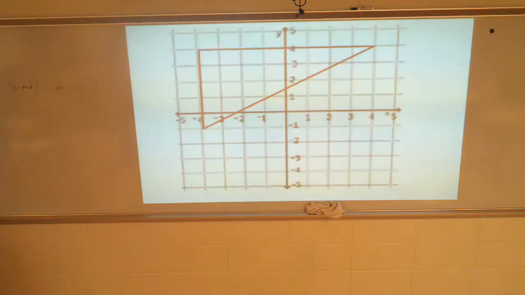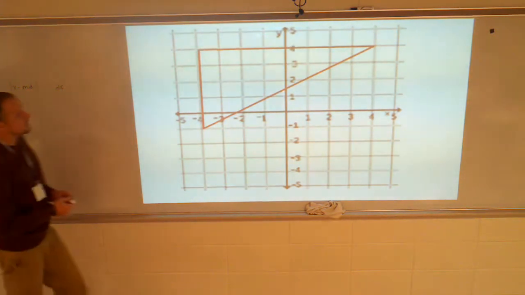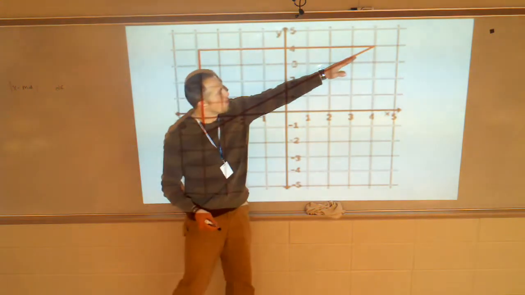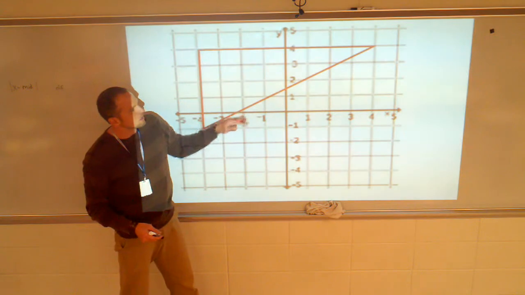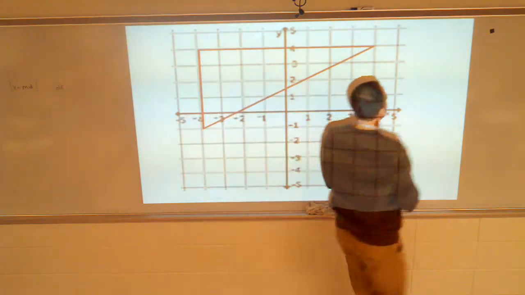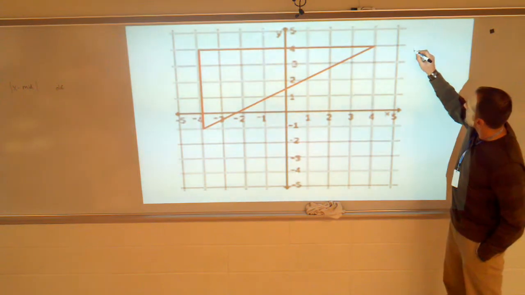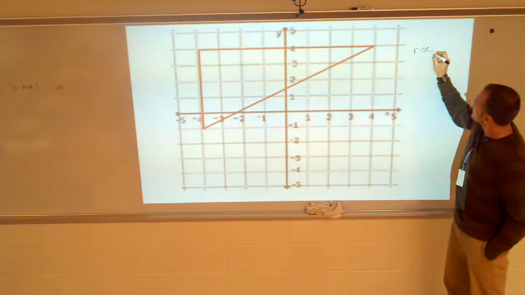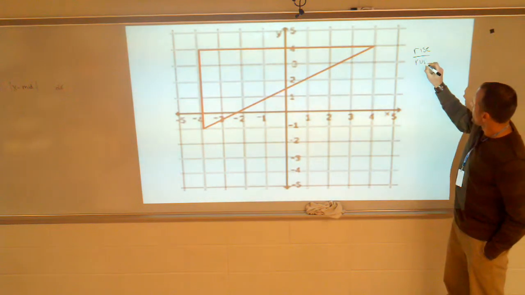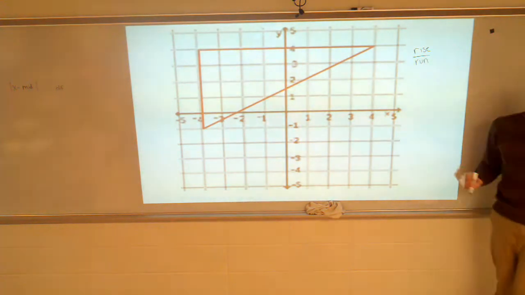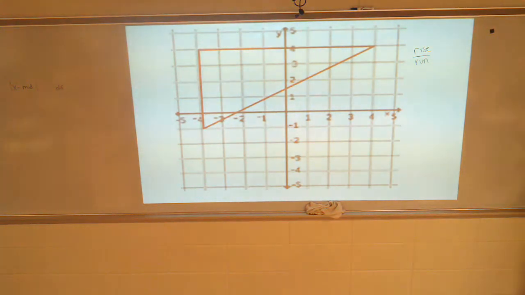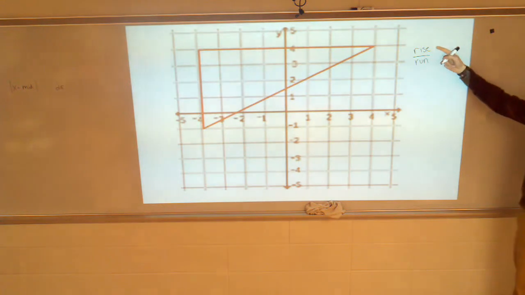Now, let's find the slopes of lines. I want to find the slope of this line right here, the one that's slanted. Now, the mathematical term that is commonly accepted is rise over run. Problem is, no 7th grader knows what these words mean. You might know what rise means.